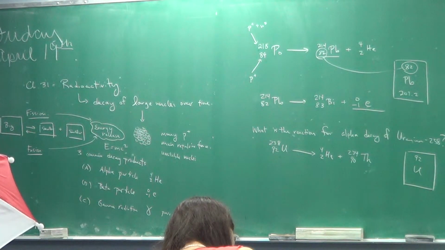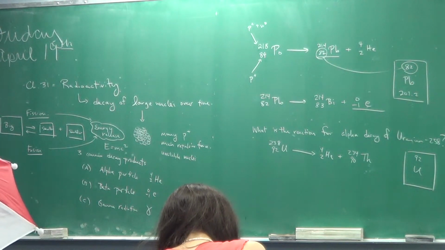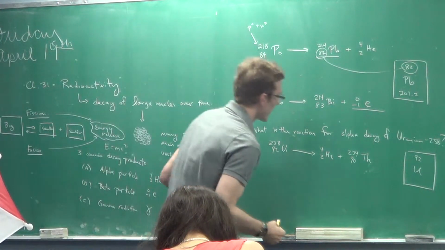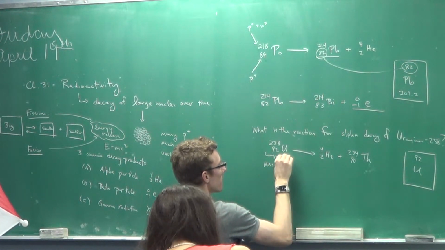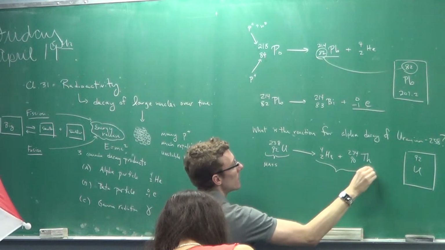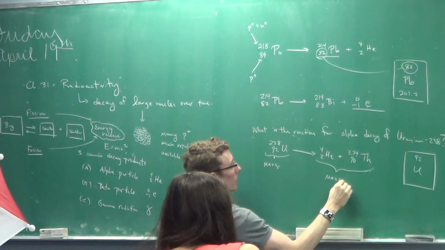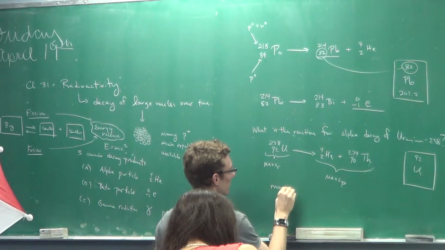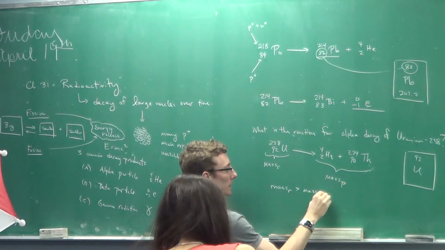Recall last time we gave an example looking at a particular reaction. And what we did was we compared the mass of what we started with to the mass of what we ended with. And I'll just tell you straight out here, if we were to compare the mass of the reactants with the mass of the products, in any nuclear reaction, the mass of the reactants is going to be greater than the mass of the products.